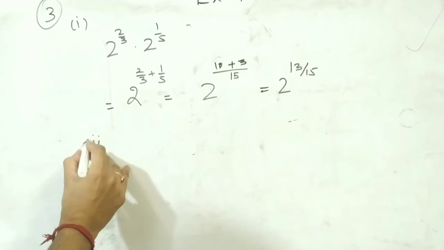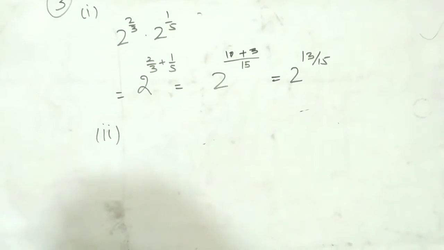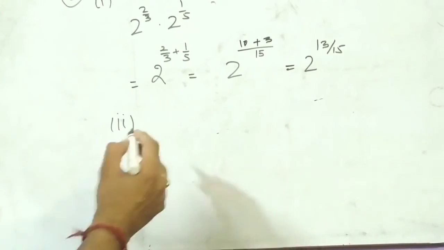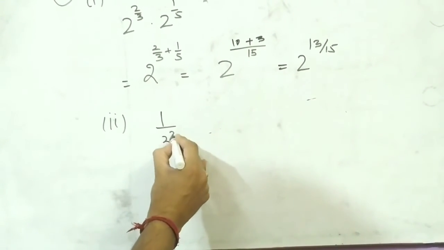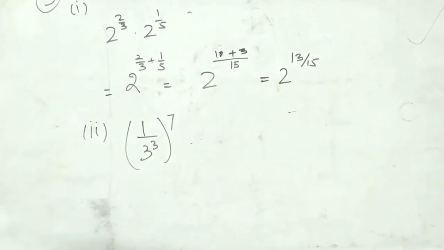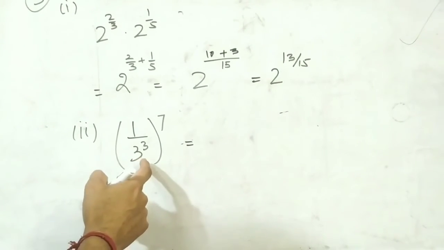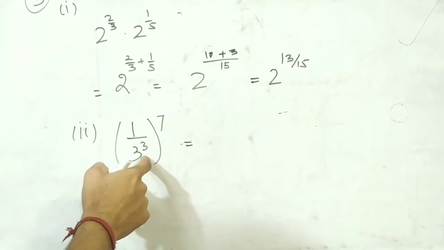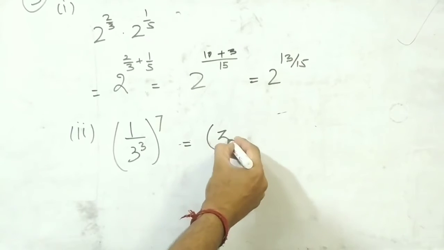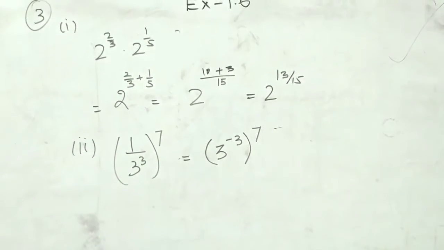Second part is 1 oblique 3 to the power 3 whole power 7. As I told you, if you take this number from denominator to numerator, it will become 3 to the power minus 3, like this.